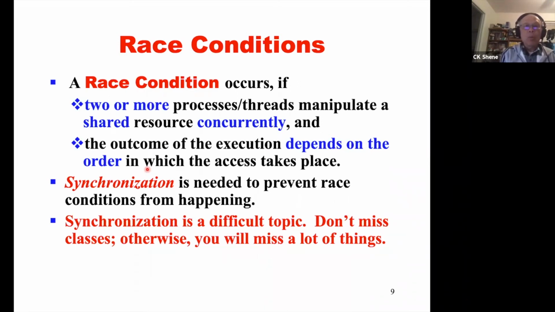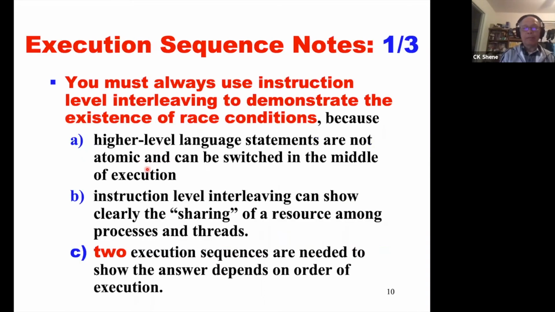If you go through one execution sequence and you have the answer 9, then you have to show me you could have a second, different output, say 11. So you need two execution sequences, each of which produces a different answer. That's the key point. Many of you simply forget it. So quickly go through it.